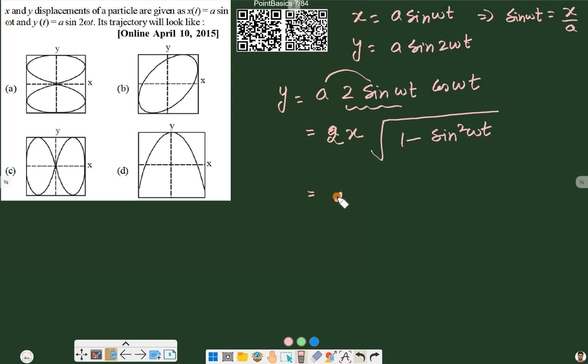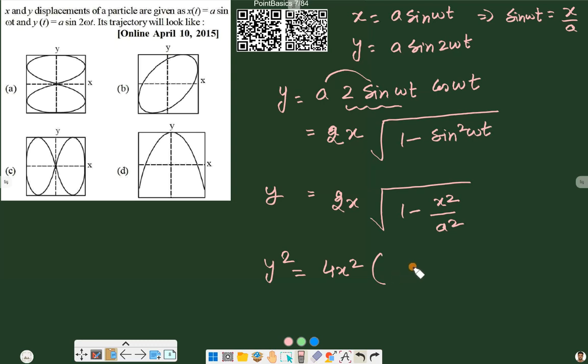So this will reduce to 2x root of 1 minus x square by a square is equal to y, and squaring both sides, y square is equal to 4x square into 1 minus x square by a square.